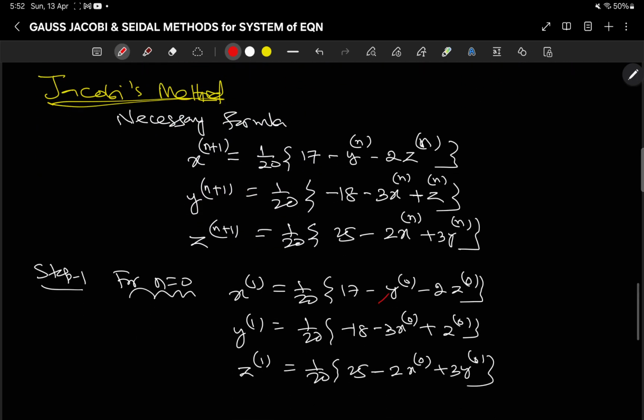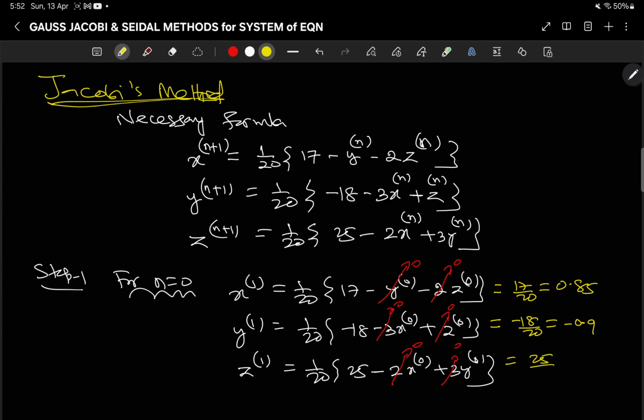So this is 0, this is 0, and this is also 0 from the previous step. So the result at this step is 17 by 20, which is 0.85, and this result is minus 18 by 20, which is minus 0.9, and here 25 by 20 is equal to 1.25.